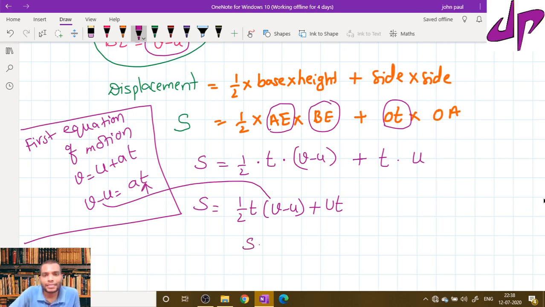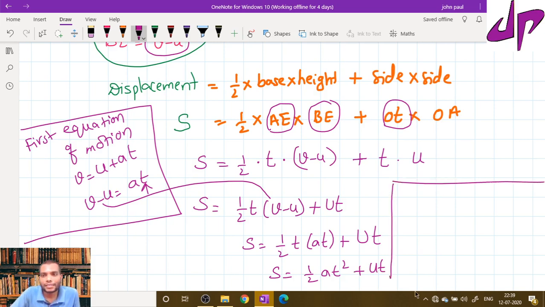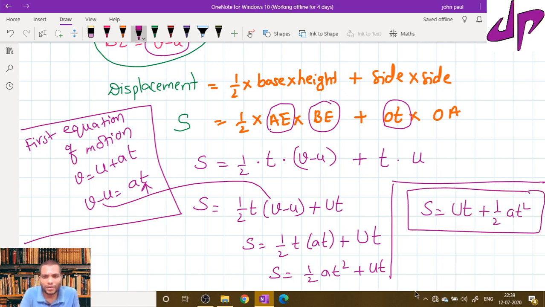So I get s equals half t times at plus ut. So you can multiply: s equals half at square plus ut. If we rewrite this perfectly, s equals ut plus half at square. Nothing I did, I just wrote ut first and half at square later.